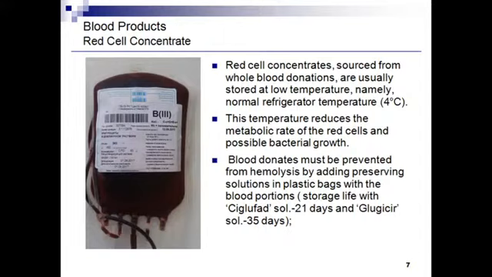The storage life with the usage of this stabilizer is 21 days, and if you use Glugitsir as a blood stabilizer, you can keep the blood portion for up to 35 days.